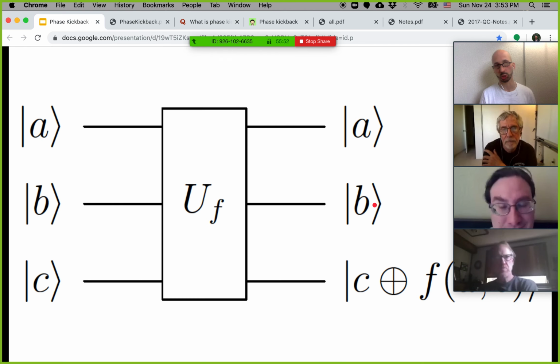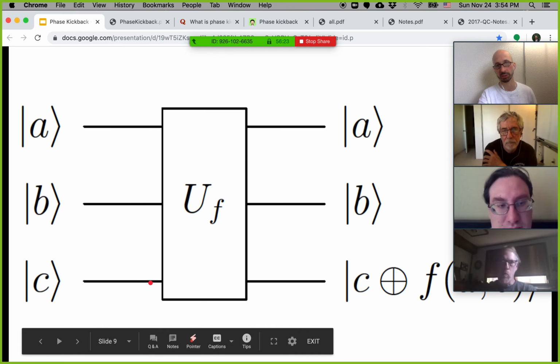So this is a controlled operation, and I do not use the black dot in this case because it's not actually controlled by 1 necessarily. It's controlled by function f, so that's why I could not put this black dot here. It's controlled, so A and B are control qubits, and C is the target qubit.